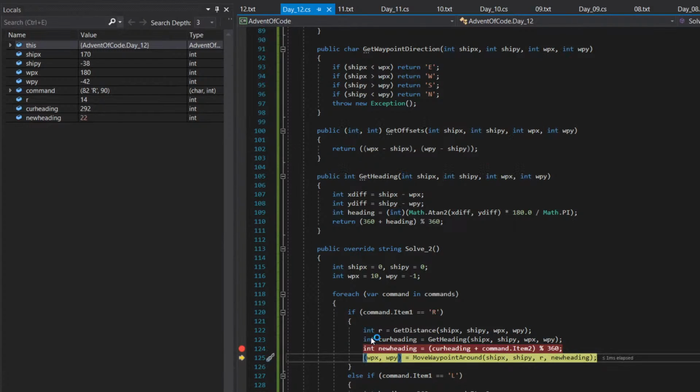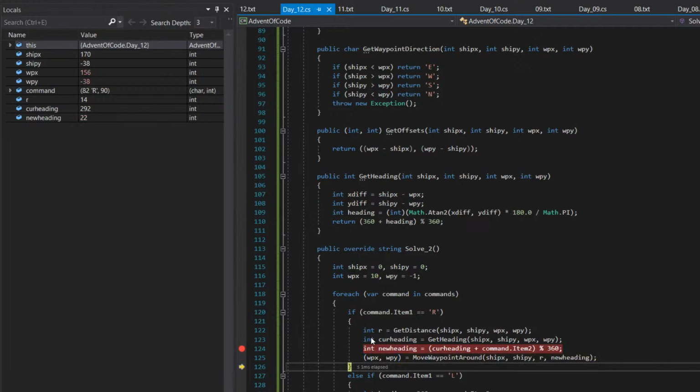New heading is 22. Current heading is 292. New heading is 22. Right, 90 degrees to the right of 292. It still sent us 156 to negative 38.